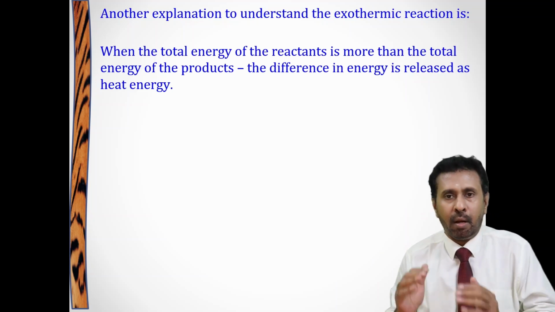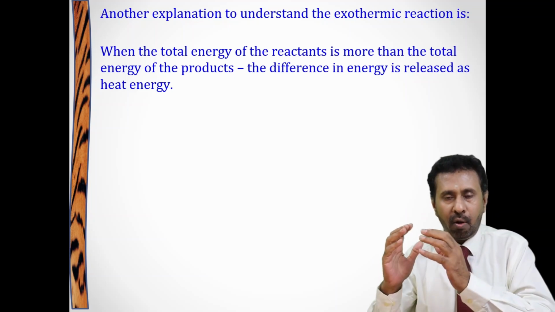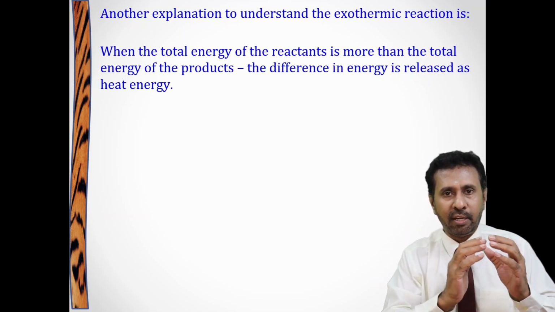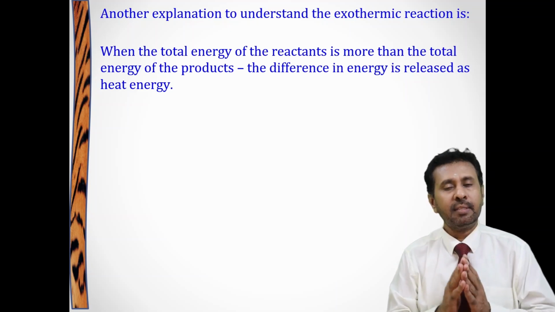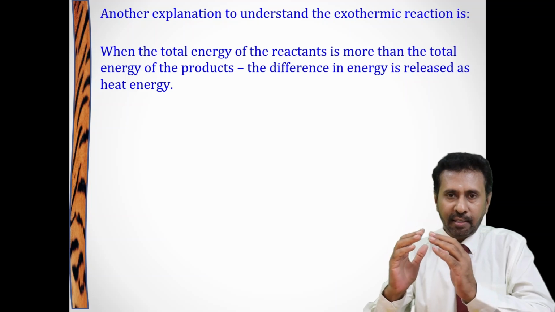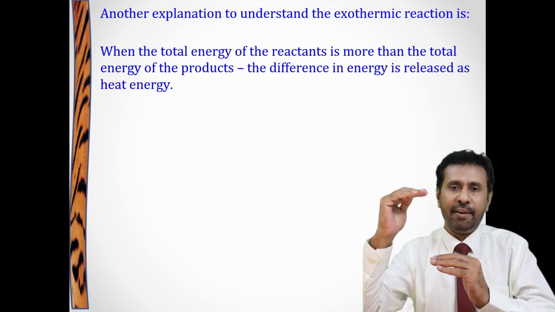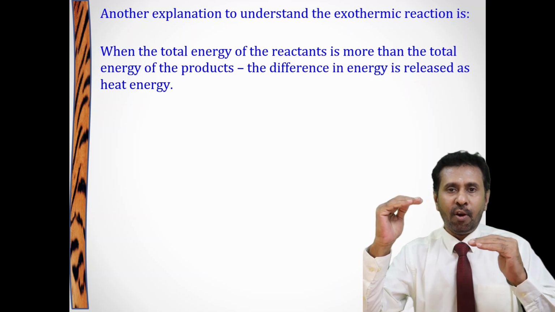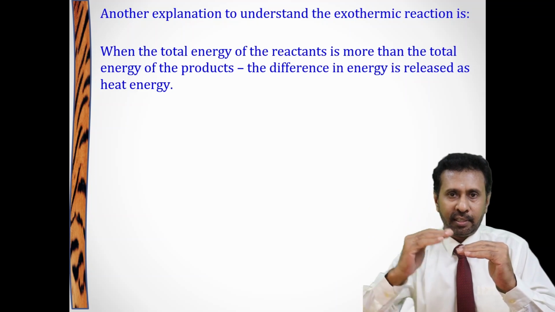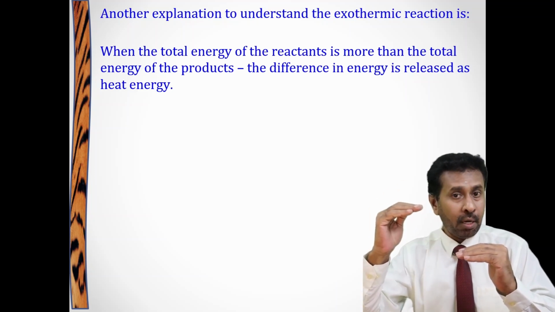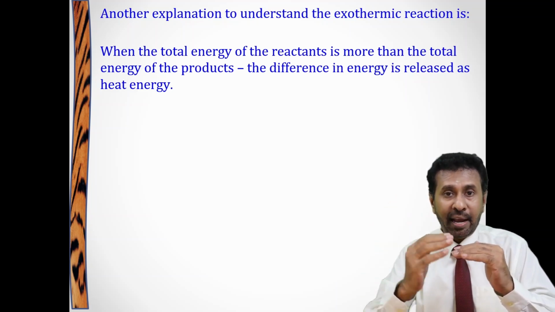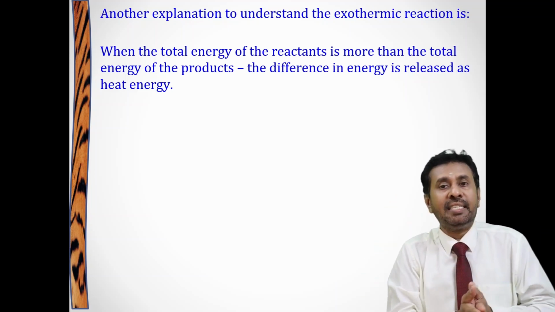The total energy of the reactant side must always be equal to the total energy on the product side. Sometimes the total energy of the reactant side is slightly higher and the total energy of the products is lower, so there's a difference in energy levels. But energy cannot be destroyed, so the remaining energy is released as heat energy.